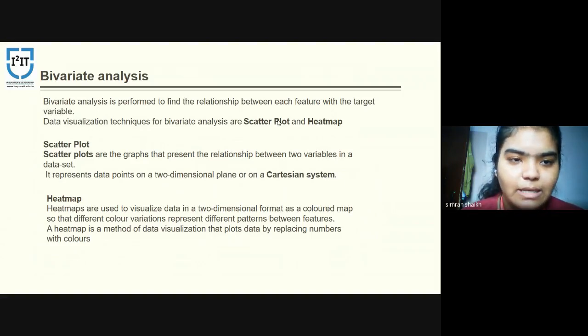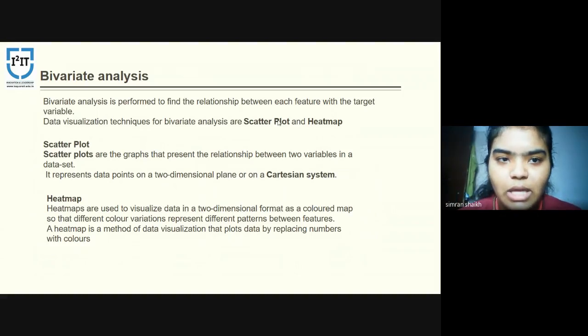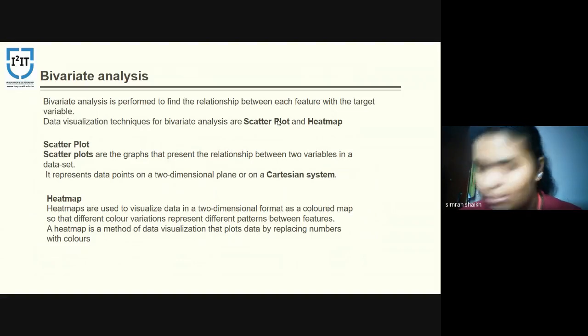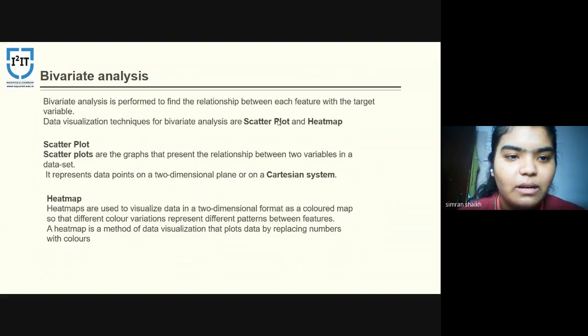Scatter plots are graphs that present the relationship between two variables in the data set. They represent the data points on a two-dimensional plane or the Cartesian system.